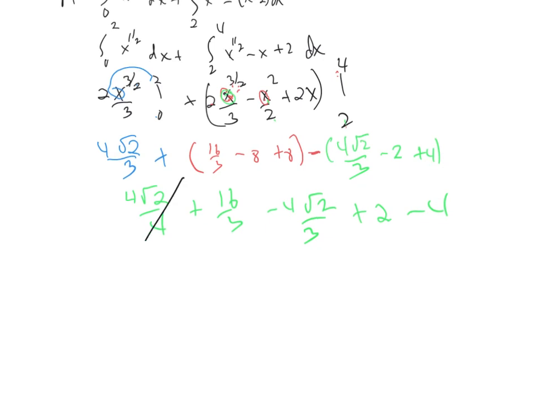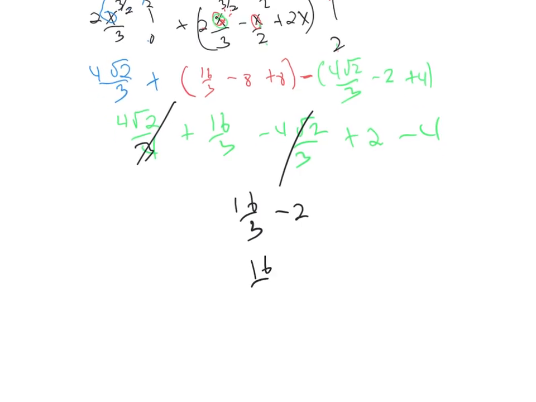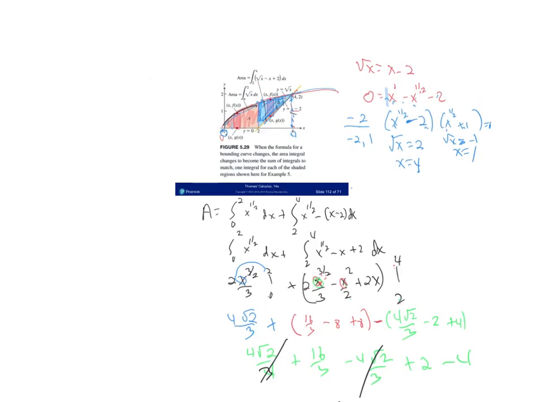The square roots cancel. I'm left with 16 thirds minus 2, which is the same thing as 16 thirds minus 6 thirds. That's 10 thirds. So the area between these two regions is 10 thirds.